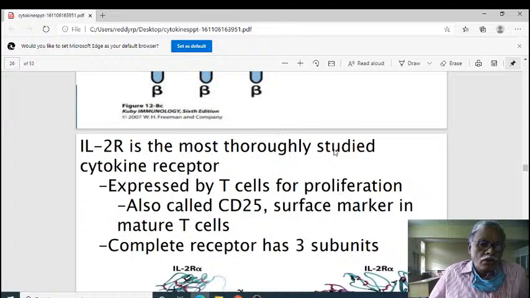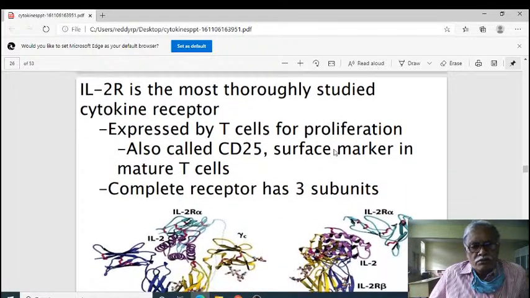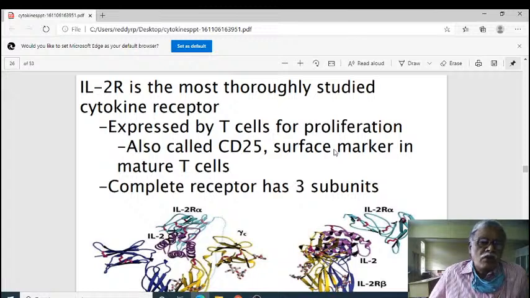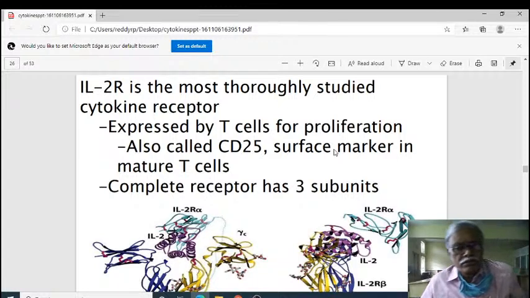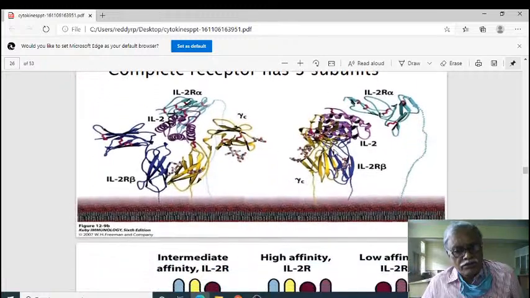Interleukin 2 receptor is the most thoroughly studied cytokine receptor, expressed by T cells for proliferation, called CD25 surface marker in mature T cells. The complete receptor has 3 subunits.